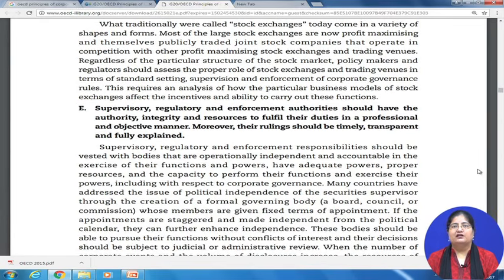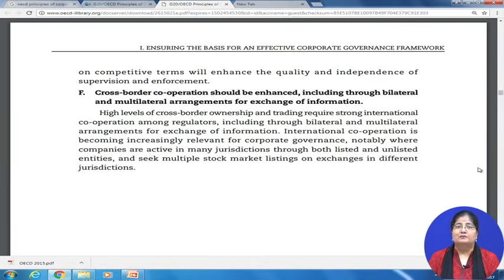Supervisory, regulatory and enforcement authorities should have the authority, integrity and resources to fulfill their duties in a professional and objective manner. Moreover, their rulings should be timely, transparent and fully explained. And cross-border cooperation should be enhanced, including through bilateral and multilateral arrangements for exchange of information.